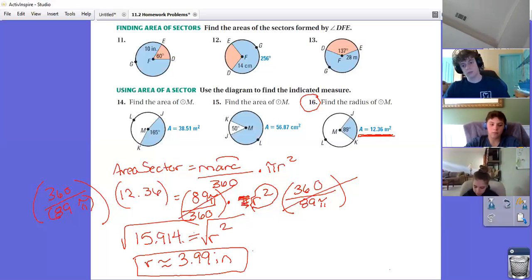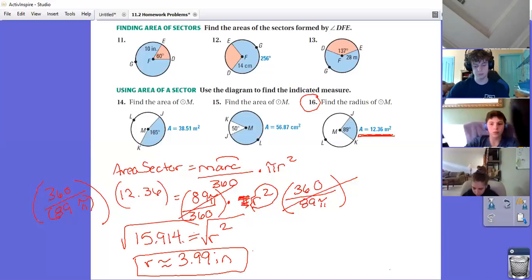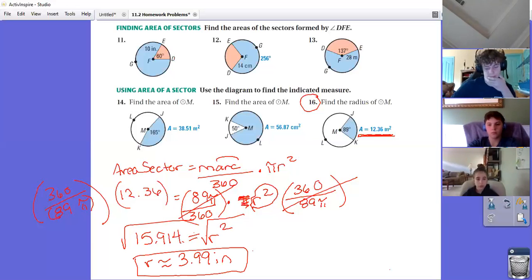When they ask you this question, you have to use the area of a sector formula. Finding the radius is probably the most math you're going to do, because it's the most algebra to get r by itself. You have to look through and do all these different steps, and then you can just use your calculator.